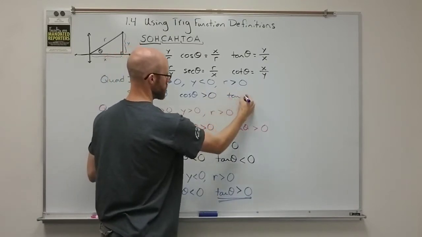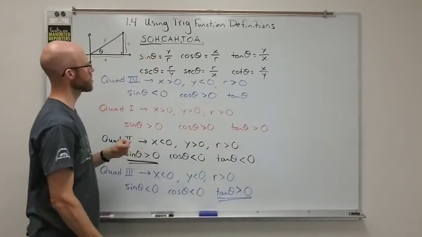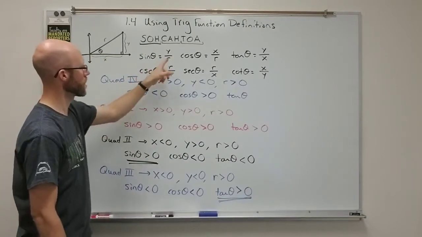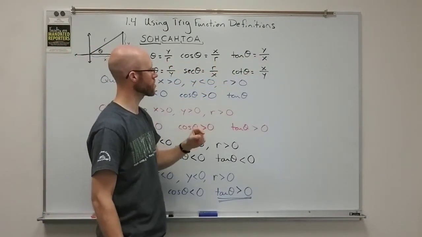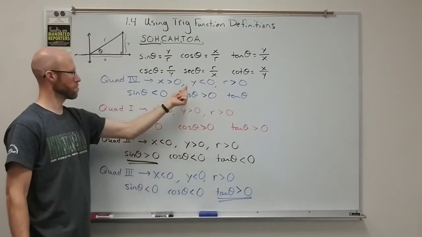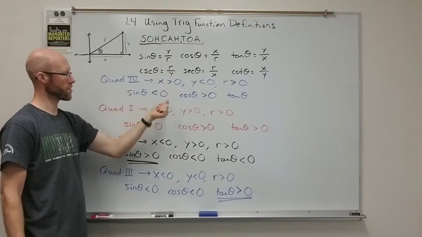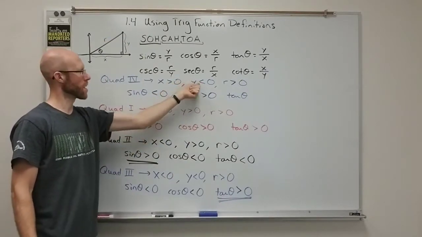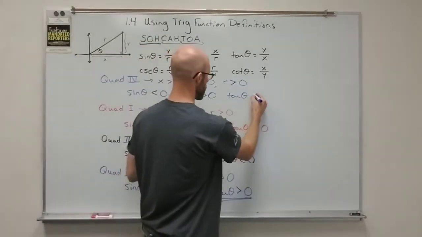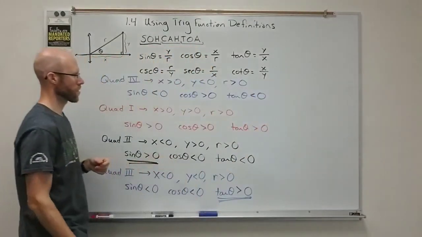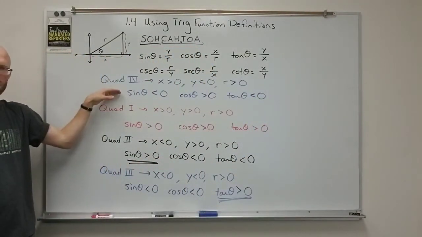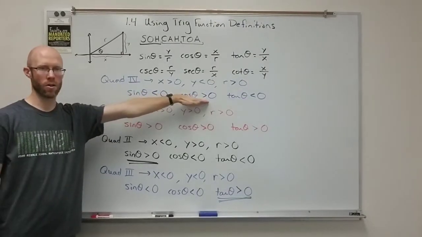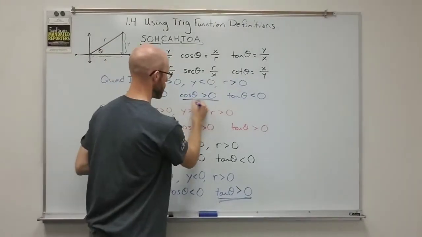And the tangent is y over x, which in this case is a negative over a positive. I keep going to the wrong line. Negative over a positive, which is negative. Okay, so of the three trig functions here, cosine is the only one positive.